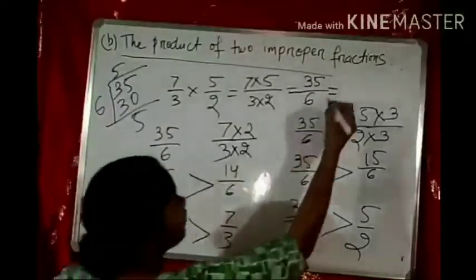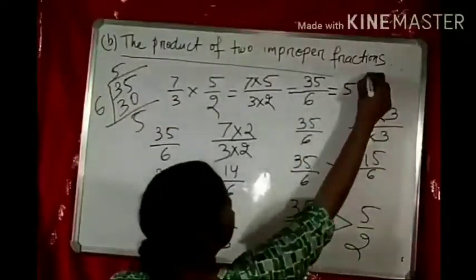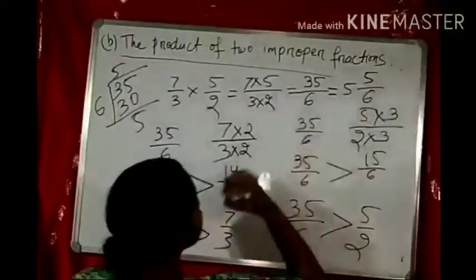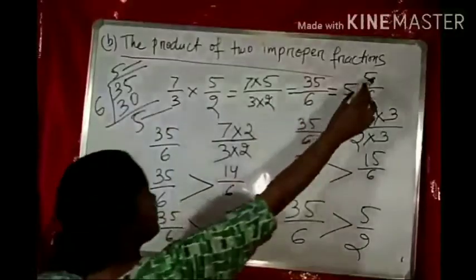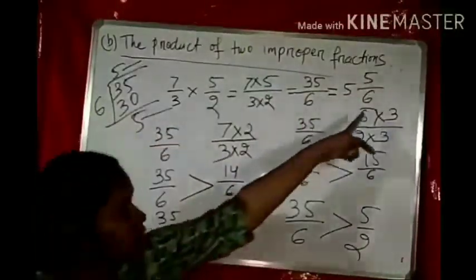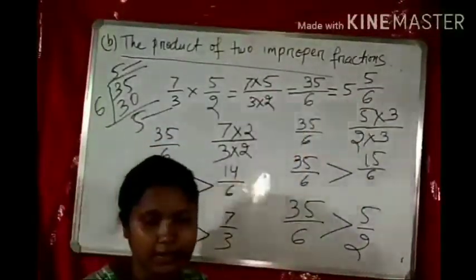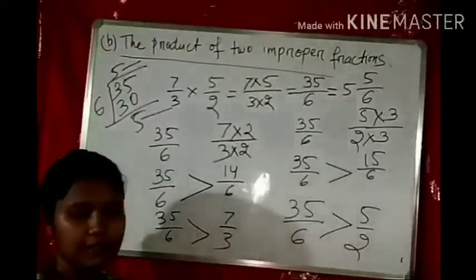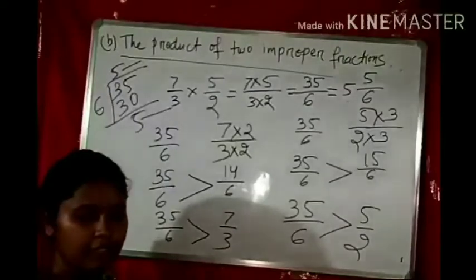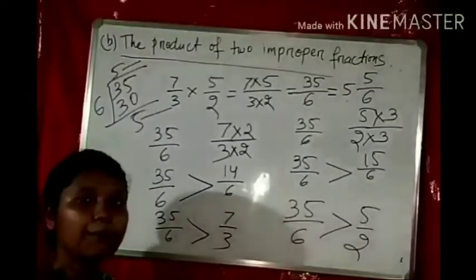So we'll write 5 and 5 by 6. Quotient 5, remainder 5 by divisor 6. So this is the answer of our product of two improper fractions. And you can do the rest of those given in the PDF.